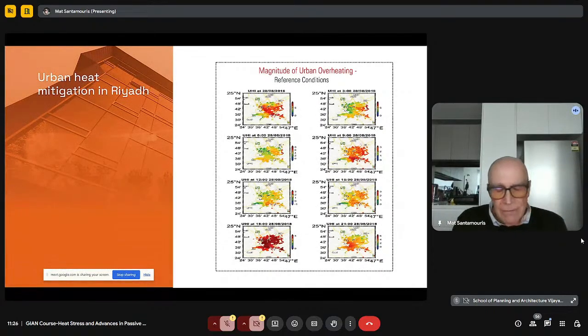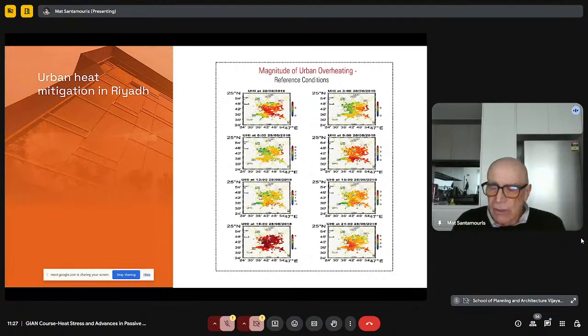So we know what is happening in the urban areas, but also in the reference areas. Why is this important? Because of heat from the surrounding areas, which is mainly the desert, to the city.